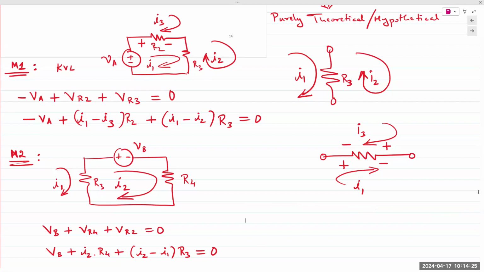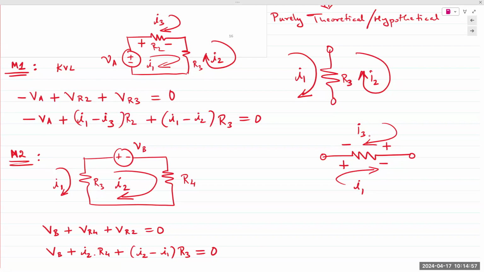So the question being asked is, why do we have positive, negative, and two voltage polarities on the opposite sides of the same resistor? The answer is they are not real. Those are voltage polarities that occur due to the hypothetical mesh currents. So the two voltages that are shown on either side of that resistor are also not real.